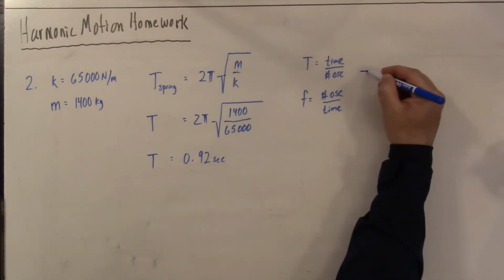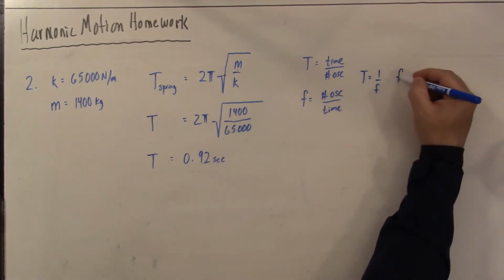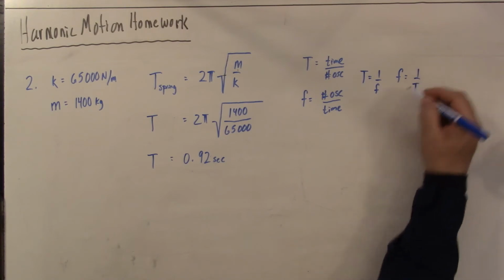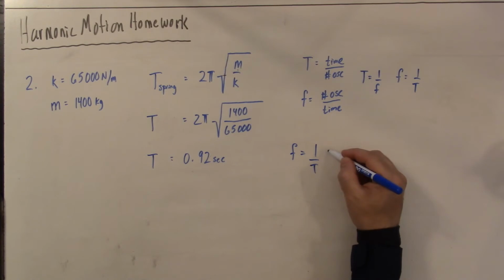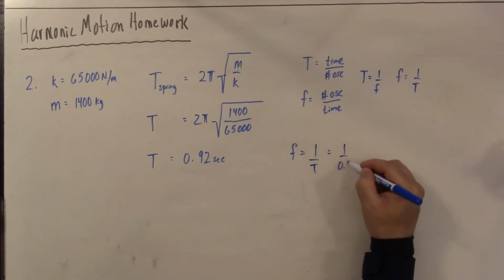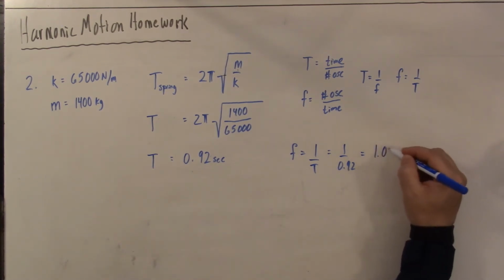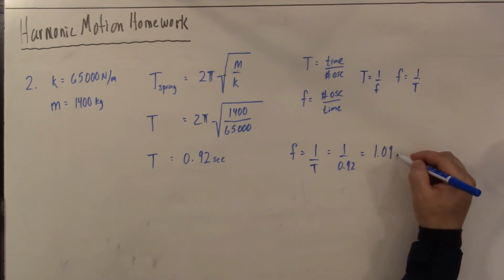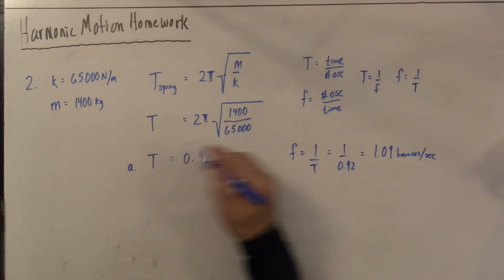So the frequency would be equal to 1 over the period, which is 1 over 0.92. And that's about 1.09, and that's bounces per second. There's the answer to A, here's the answer to B.